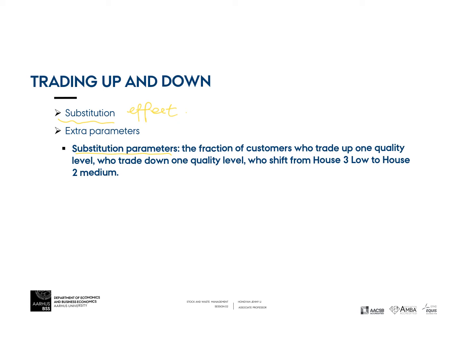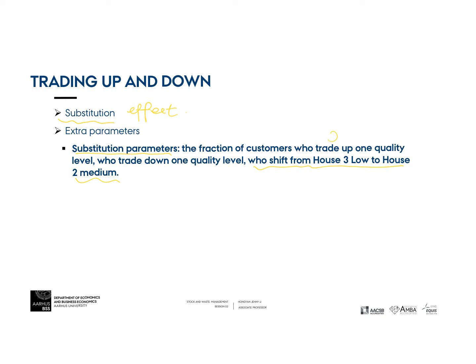So the fraction of customers who trade up one quality level, who trade down one quality level, who shift from house 3 low to house 2 medium. So for example, here, shift from house 3 low to house 2 medium. So those are the different substitution parameters we would like to consider.